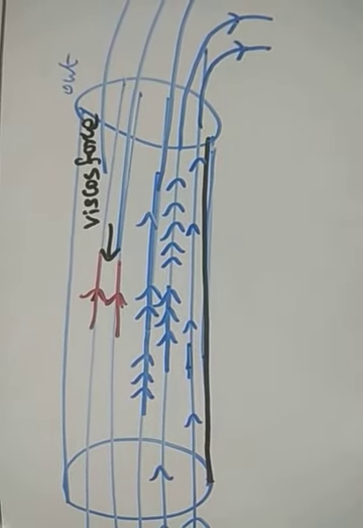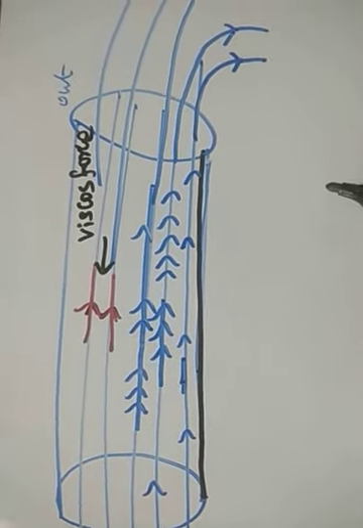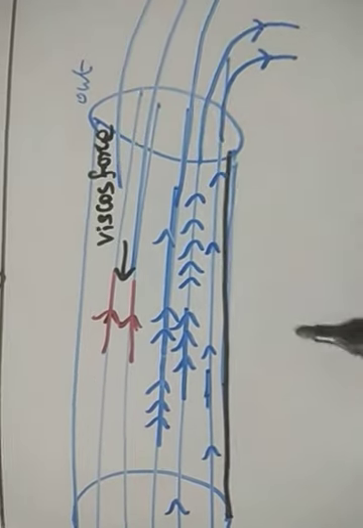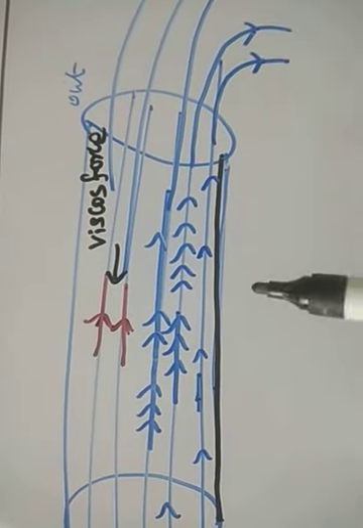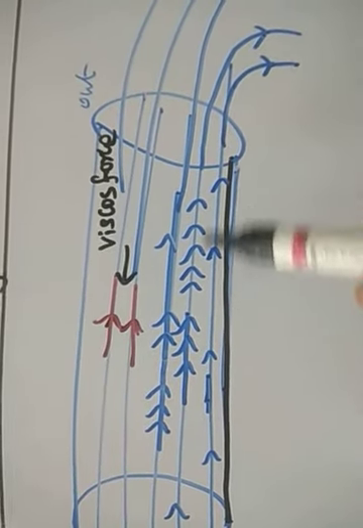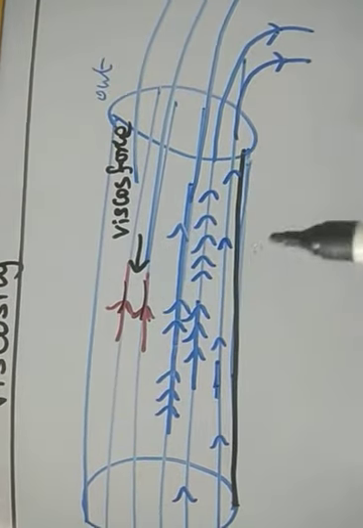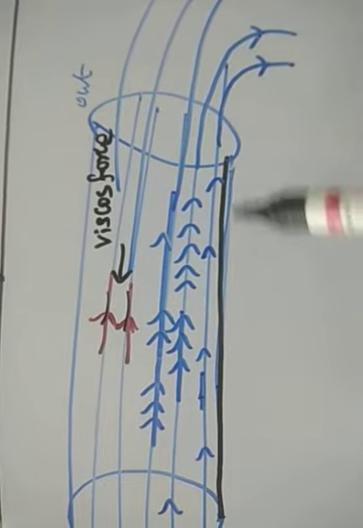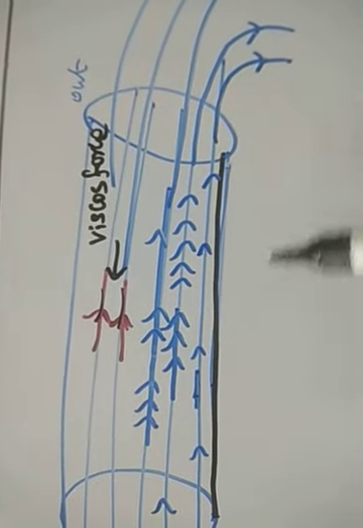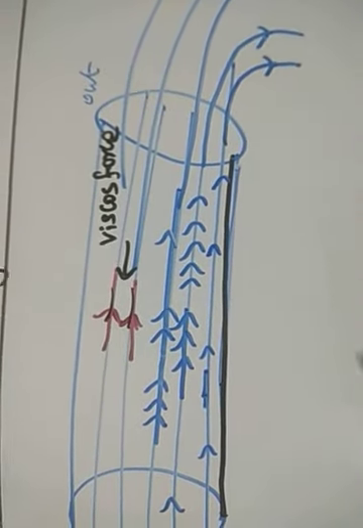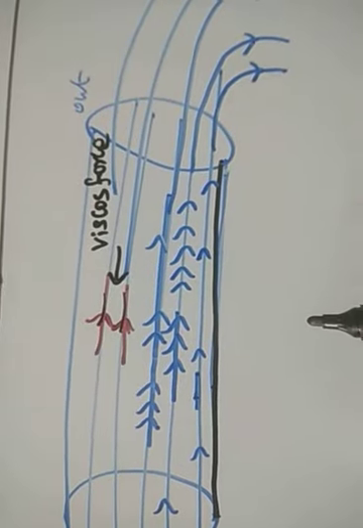So I will define that. What is viscosity? Viscosity is a property of the fluid by virtue of which an internal force of friction, a friction between this layer and that layer, comes into play when the fluid is in motion, which opposes the relative motion of its different layers.